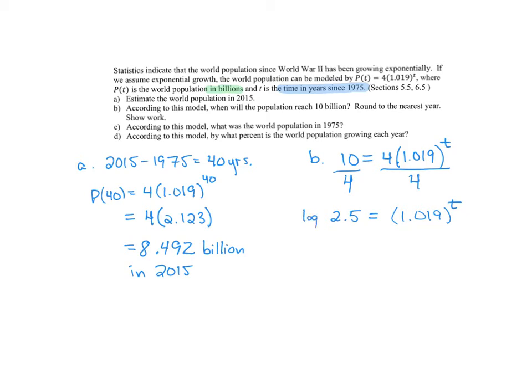So if I take the log of both sides, I get log of 2.5 equals, I can move my t down to the front, and we get t times log of 1.019. From there, we want to divide by log of 1.019 on both sides.